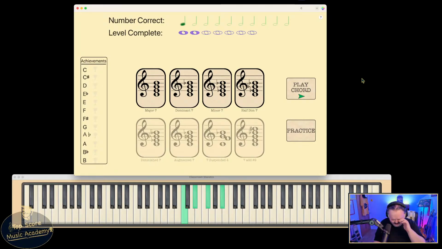Also, Pink Floyd. What is that exact chord in Pink Floyd? Shine on, you crazy diamond.